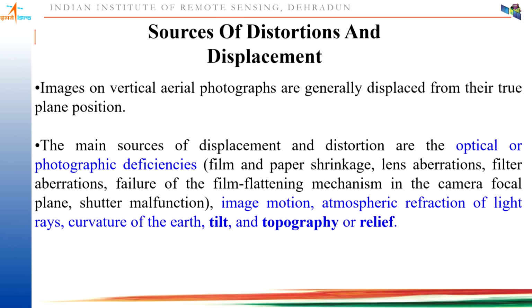So luckily all the other distortions that I have listed out, apart from tilt and relief, can be easily modeled or easily known how much is the distortion. There is only the problem of relief and tilt displacement.